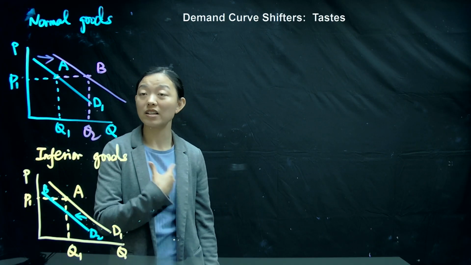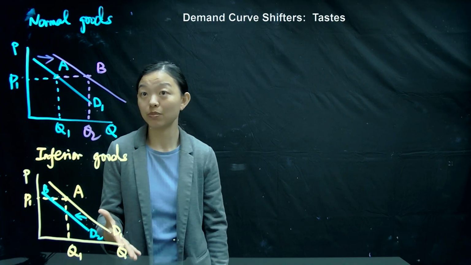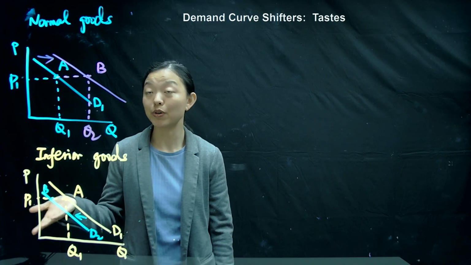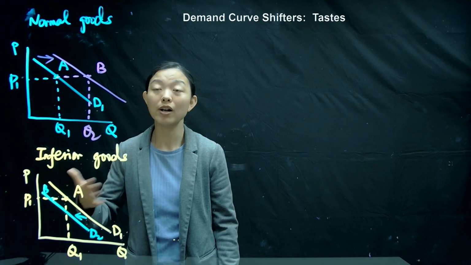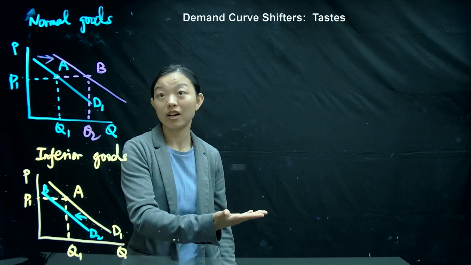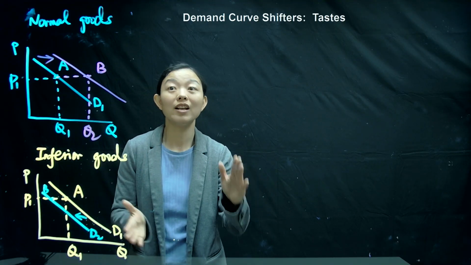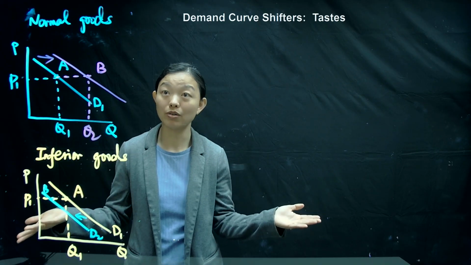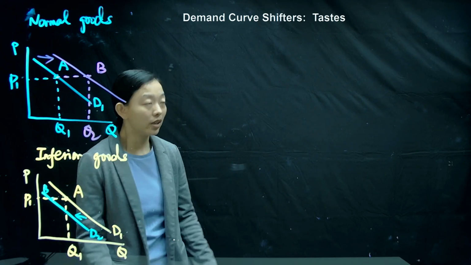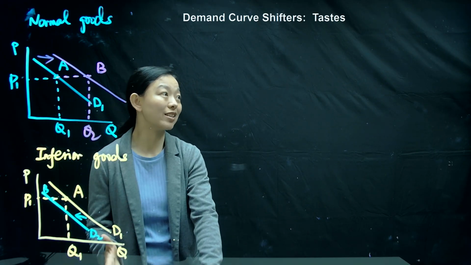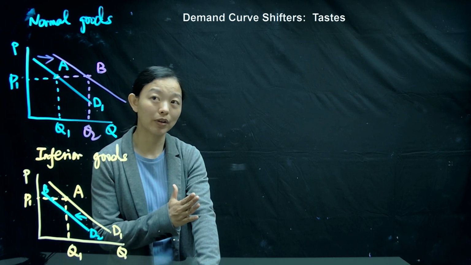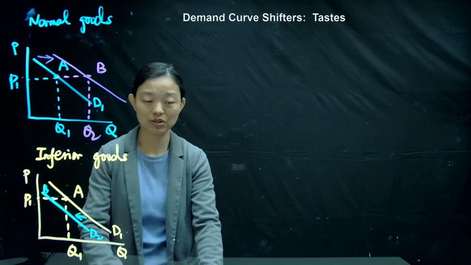At the same time, my consumption of vegetables will increase. Even if vegetable prices don't change, becoming a vegetarian will shift the demand curve of vegetables to the right-hand side. So taste will definitely shift the demand curve, based on people's preferences.